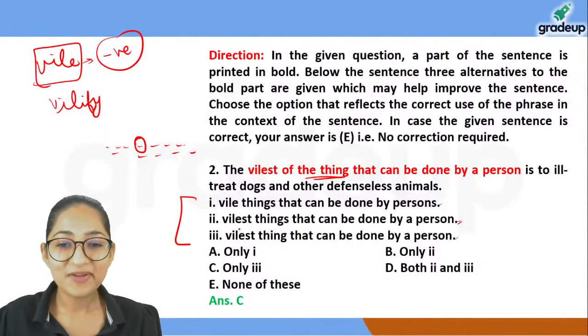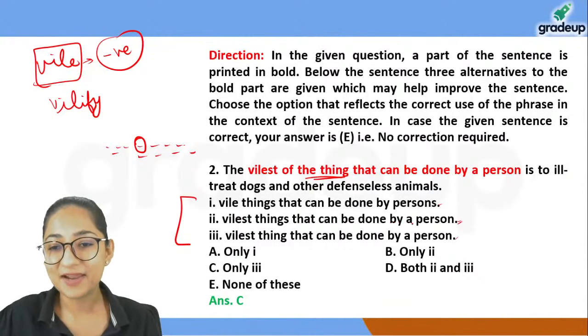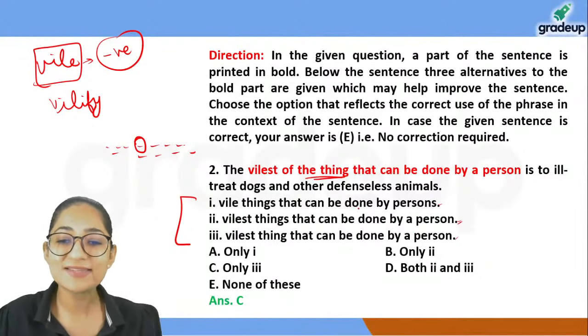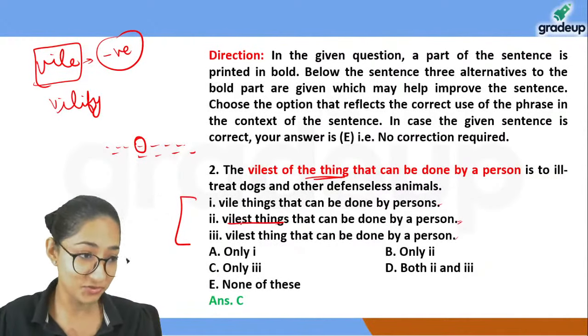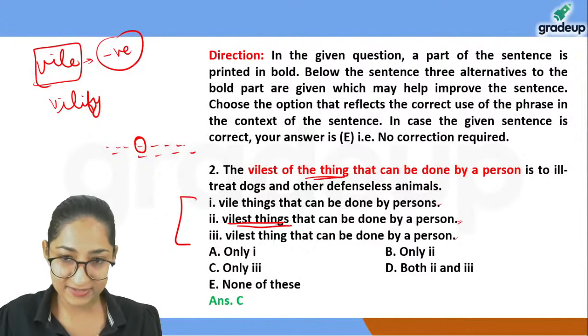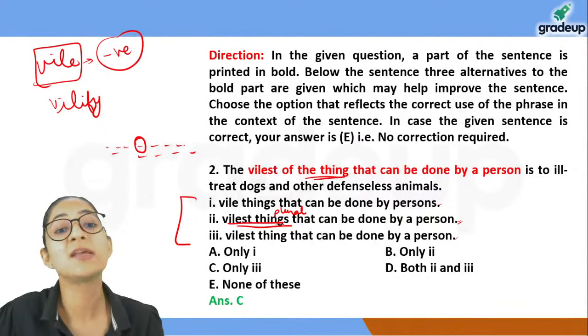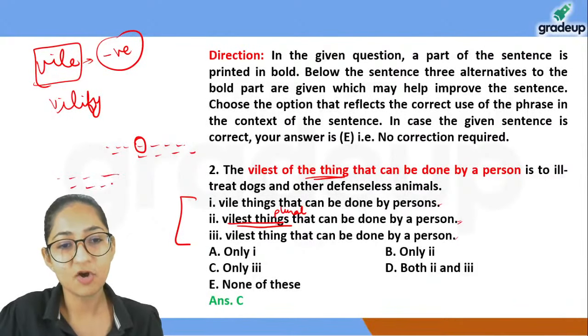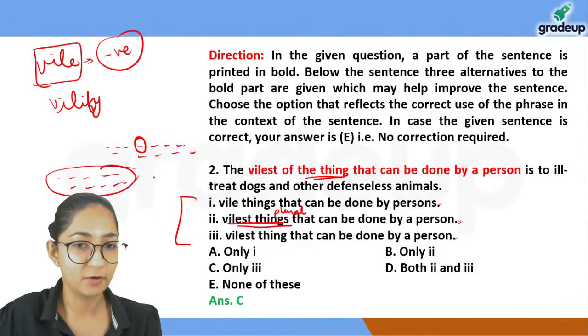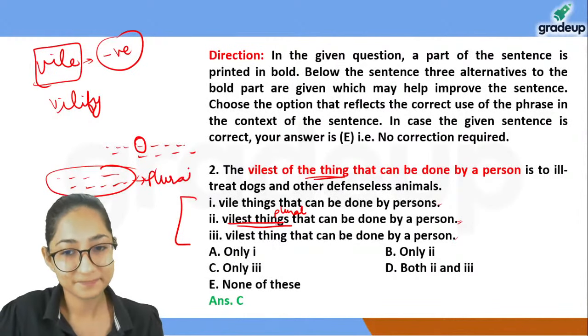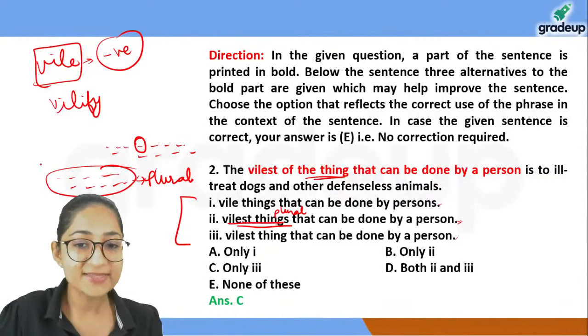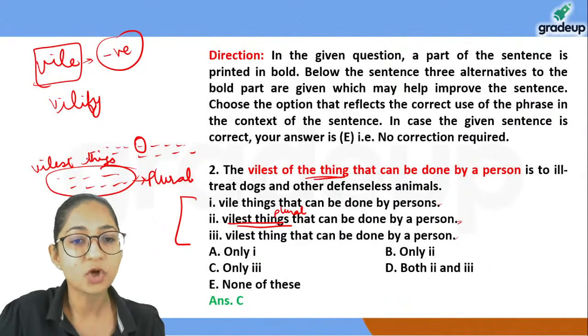But notice we have the vilest things that can be done by a person. Vilest things, that means, pay attention to this, guys, this is plural. We are not saying the vilest of the things; we are saying vilest things. That means all of them I'm talking about. This is certainly going to be plural. Do you see the difference, guys? When I say vilest things, I'm talking about multiple.